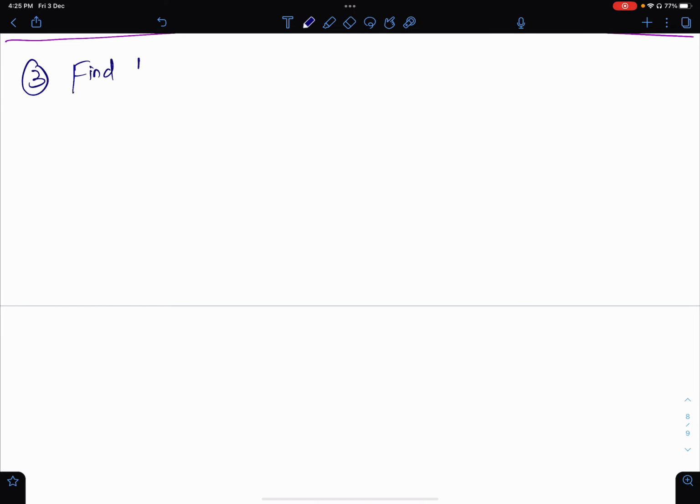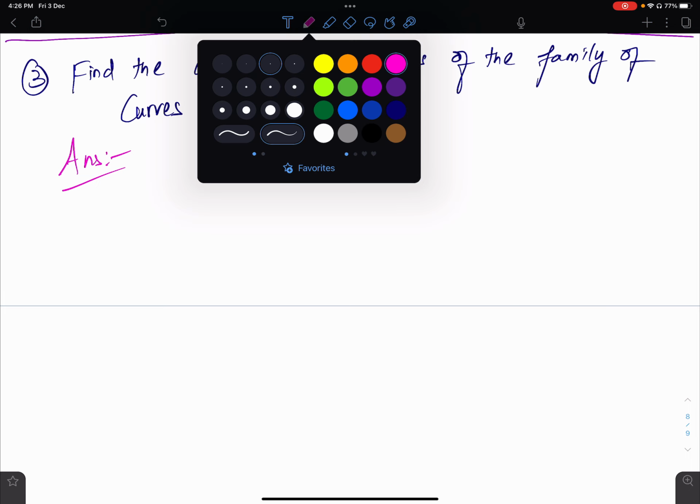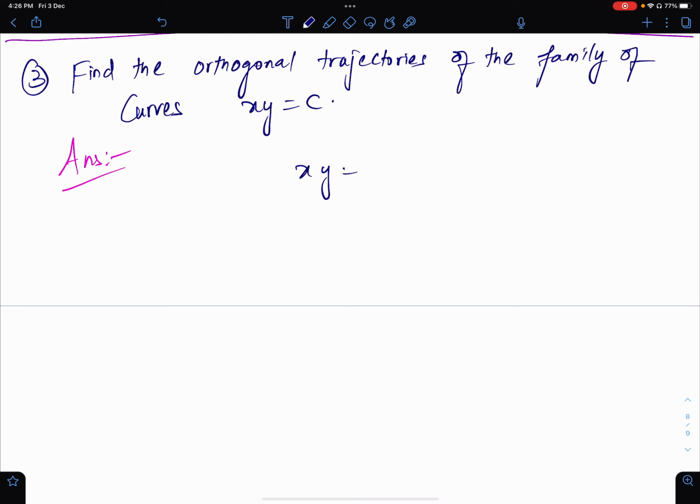Find the orthogonal trajectory of the family of curves xy equal to c. See here, xy is equal to c.